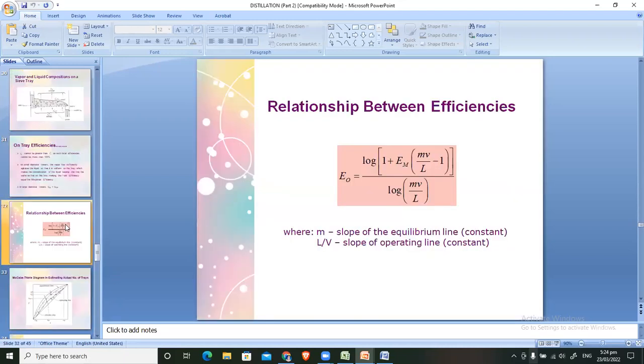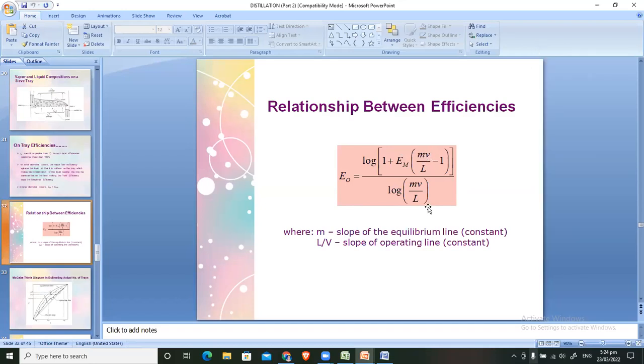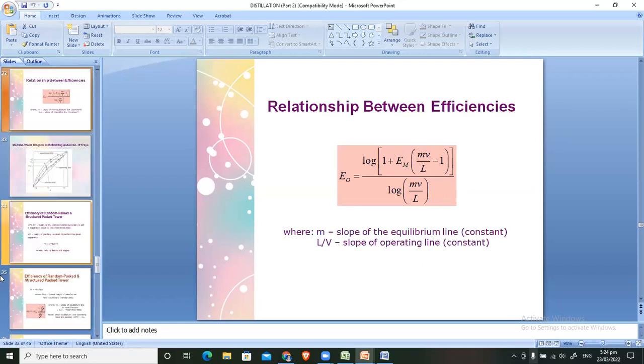And how do you determine the overall tray efficiency given the Murphree tray efficiency, or vice versa? Of course, the slope of the equilibrium line has to be known, and the slope of the operating line, the V to L ratio. Okay, the V to L ratio. What else?